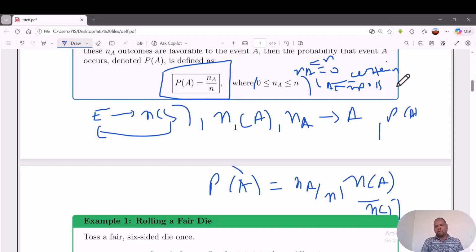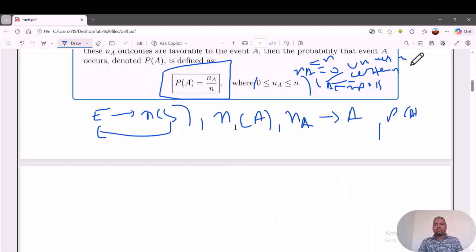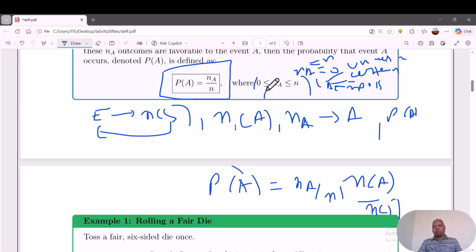Whereas if the number of elements favorable to event A lies within this interval, exclusive of 0 and n, that event is an uncertain event. So we can generate three cases from this interval. This is just to make you recall.